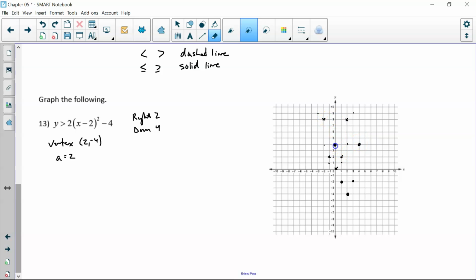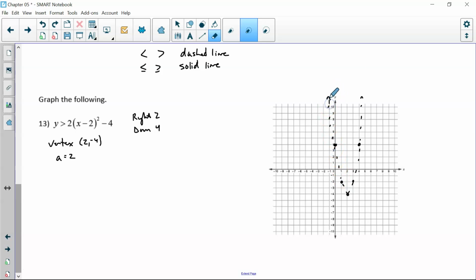Right 2, down 4. And there's our points. I'm going to get rid of the other ones. So that's where our points are going to be. Now, because it's greater than, we're going to use a dashed line.